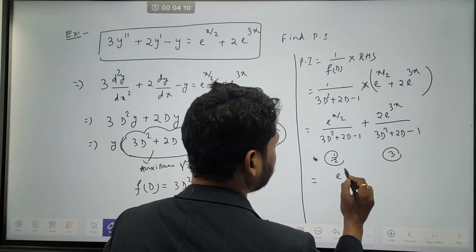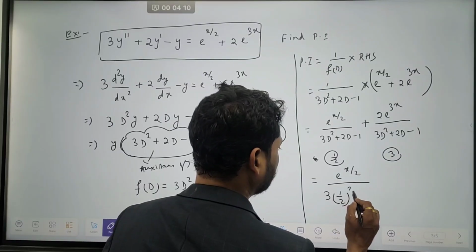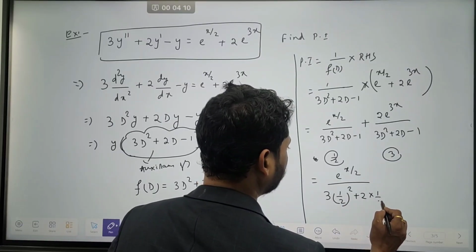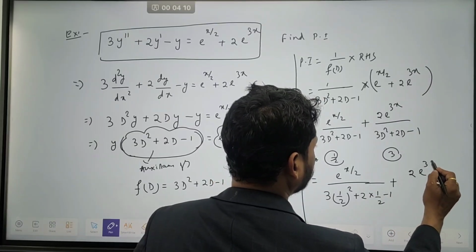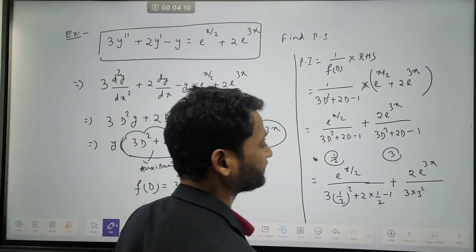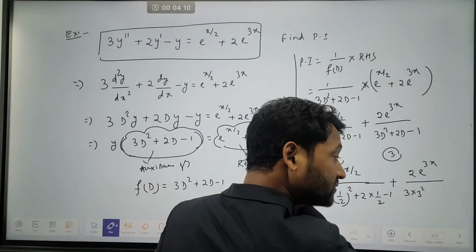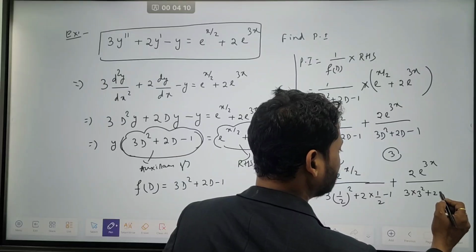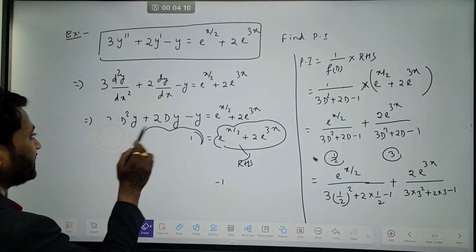That means your answer is e to the power x by 2 by 3 into half square plus 2 into half minus 1, plus 2 into e to the power 3x by 3 into 3 square. We are putting the value 3 in D. So 3 into 3 square plus 2 into 3 minus 1. So on this side I am writing.